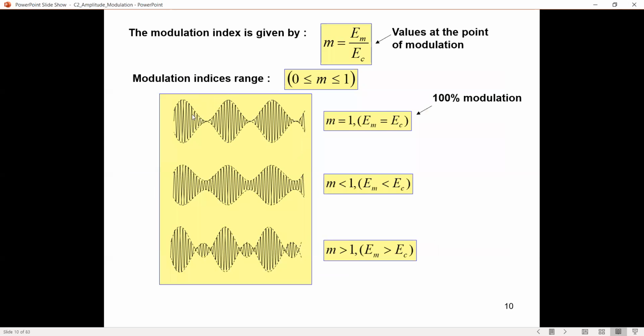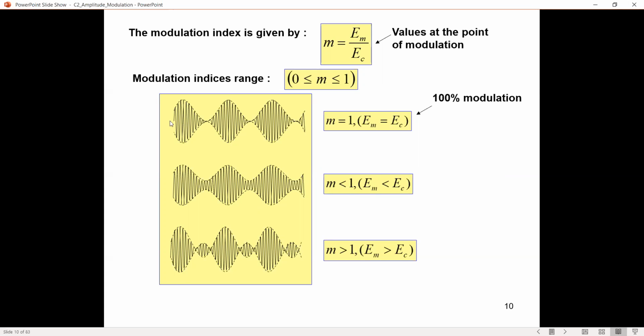If you notice here, this dot represents our original information signal, VMT. It's actually a mirror between positive and negative.